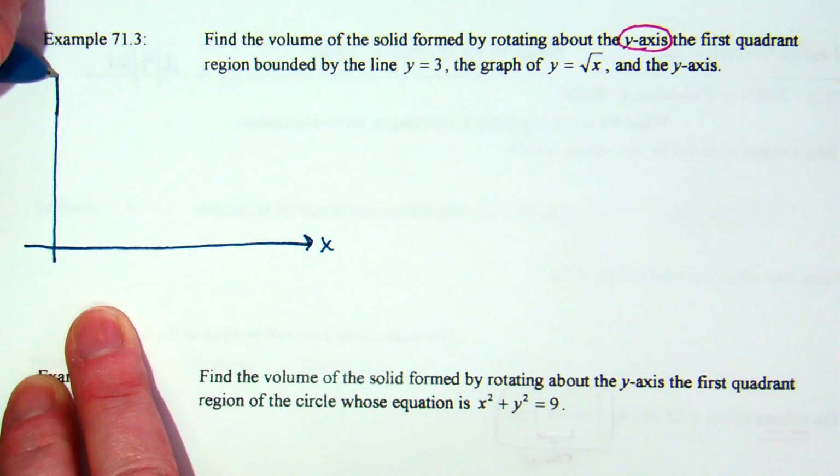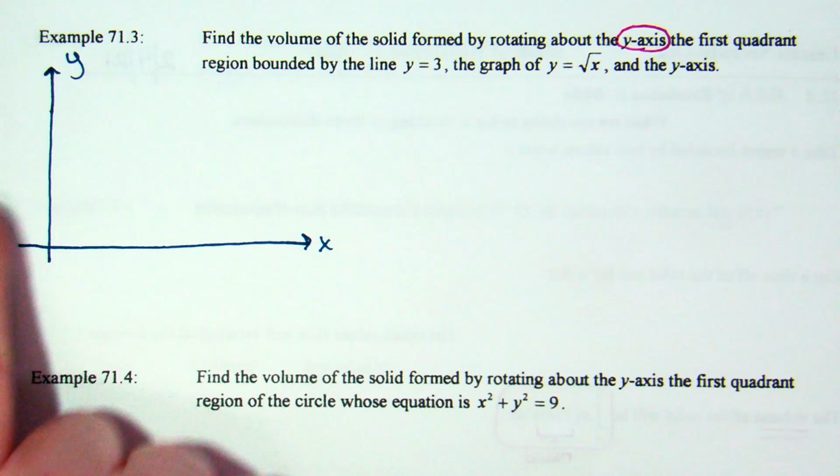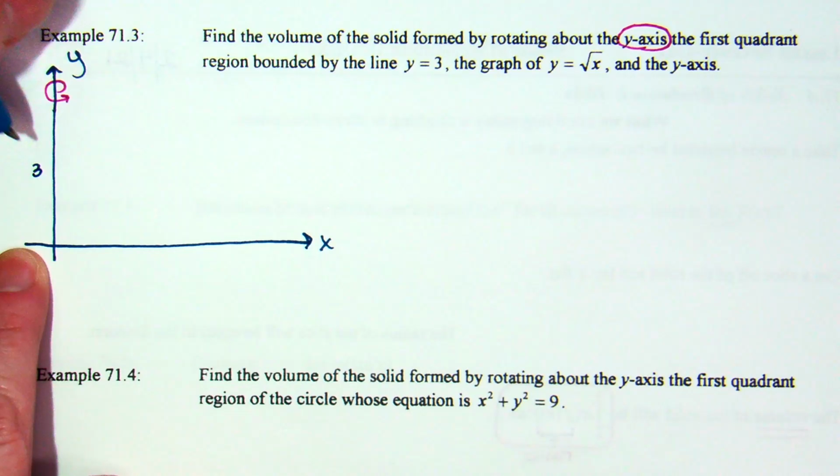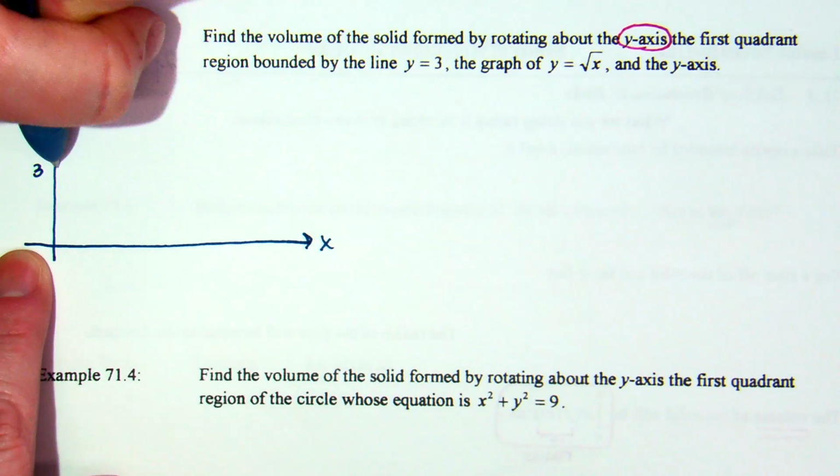The first quadrant region bounded by the line y equals 3. What's the line y equals 3? A horizontal line that goes through the point 0, 3. So there's my horizontal line that goes through the point 0, 3.